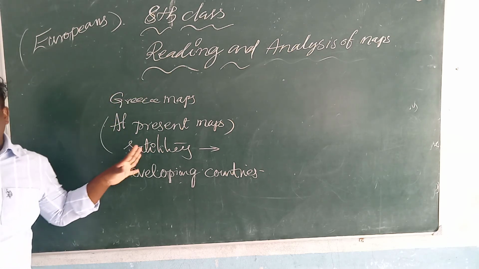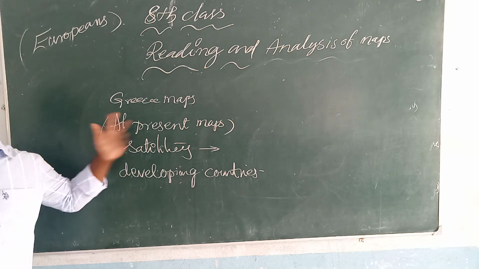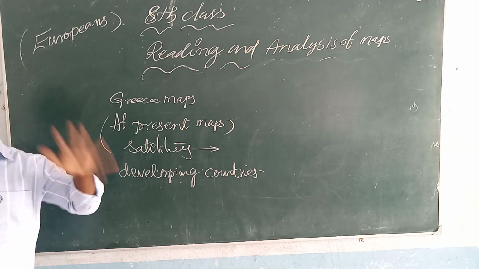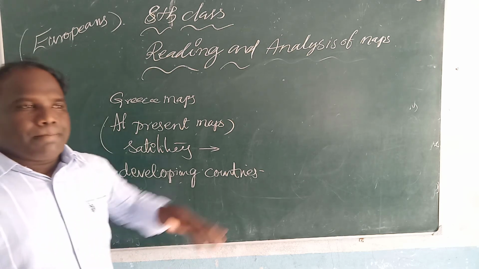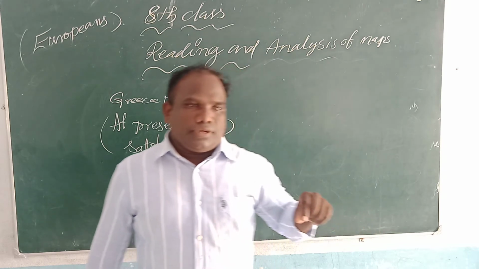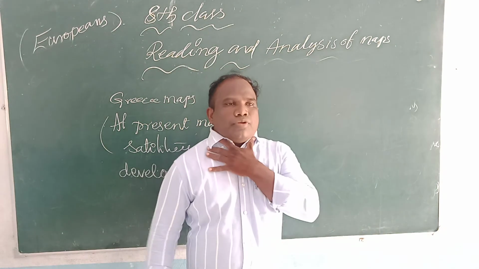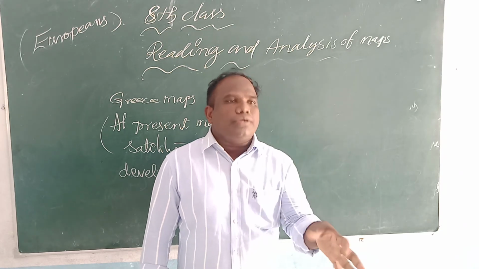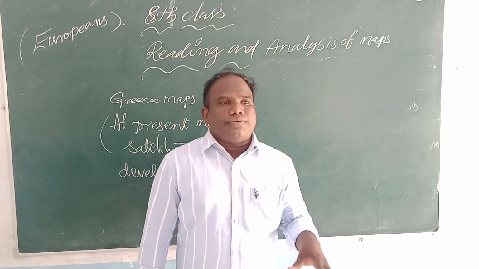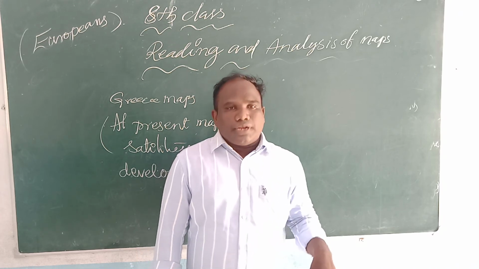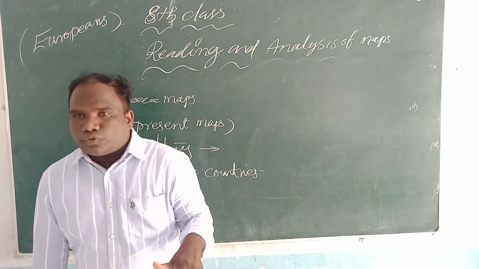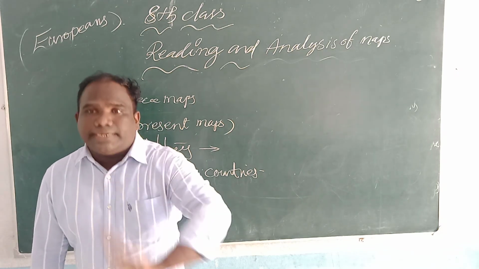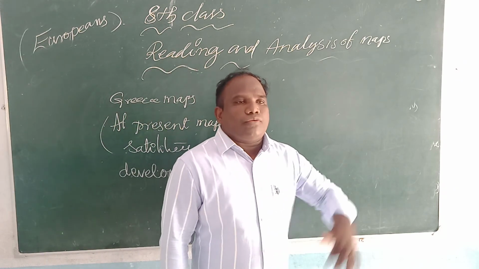These are the two basically different types of maps: the Greek map and the present-day map. The present-day map is accurate with the help of satellites. Greek maps used latitude and longitude, which work because of the grid.